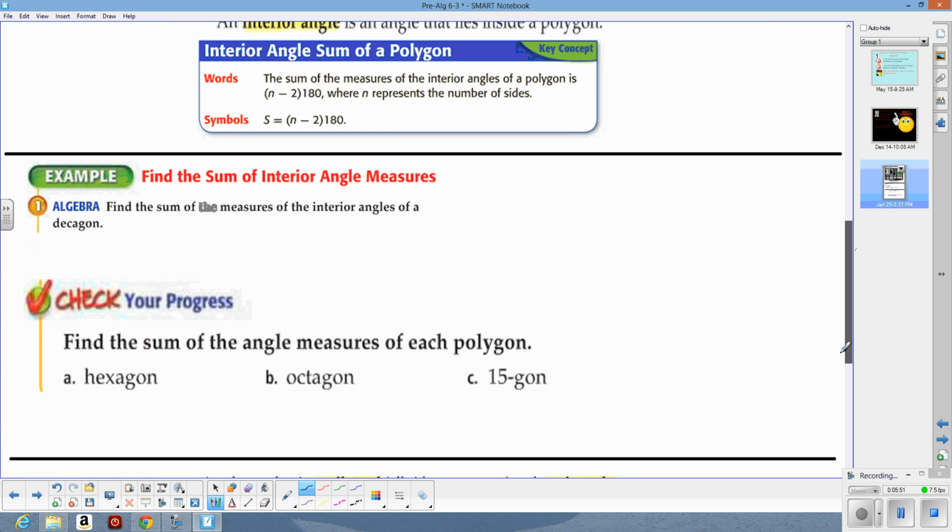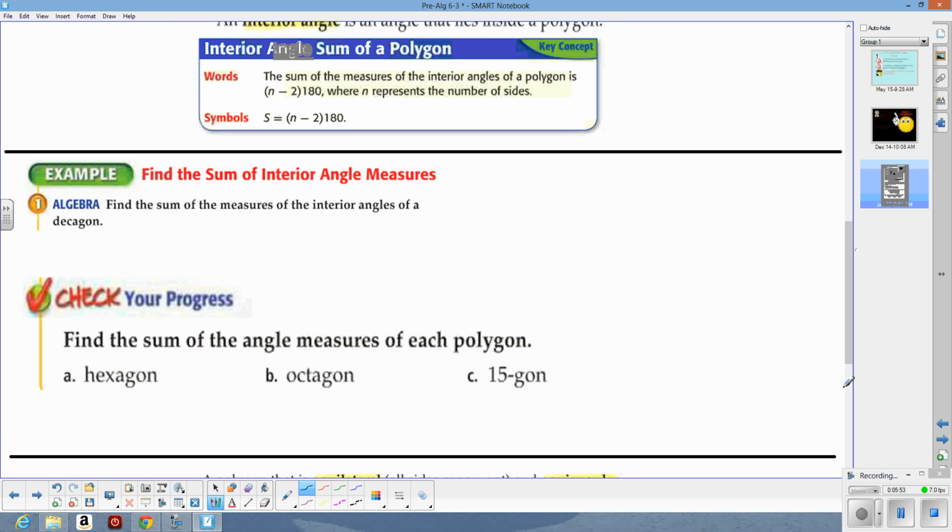Now we're going to use that formula to help us find the sum of the interior angle measures of some different shapes. Find the sum of the measures of the interior angles of a decagon. Well, a decagon has 10 sides, so the angle sum is going to equal the number of sides, which is 10, minus 2, because it's always going to make 2 less triangles than the number of sides, times 180.